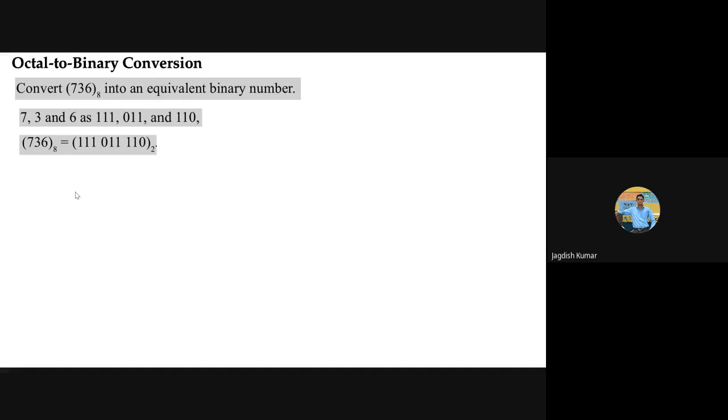Okay. Most of you are getting 478. 3 into 8 plus 6. The answer is correct. It is 478. So whether you proceed from binary or you proceed from octal, both will give you the same answer. Very good.